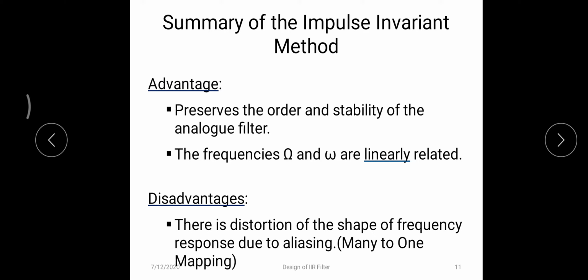That aliasing occurs due to many to one mapping concept. And this impulse invariance transform method is not applicable for high pass filter and band reject filter, and in some cases for band pass also, but it is highly applicable for low pass filter.